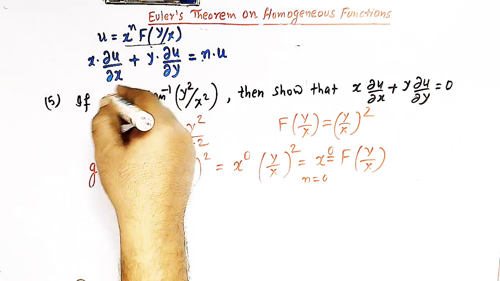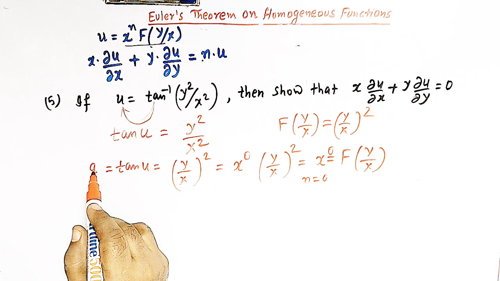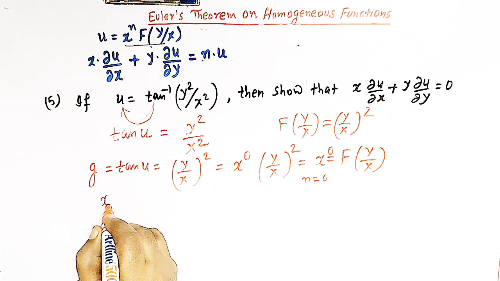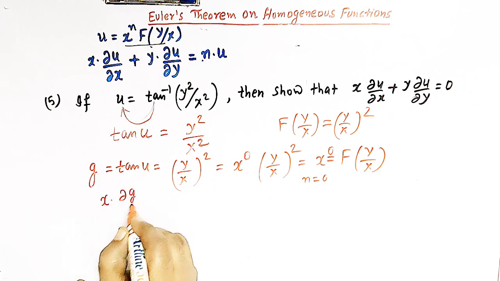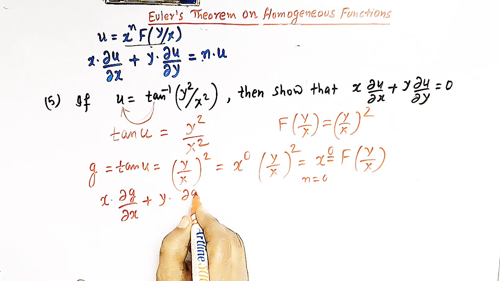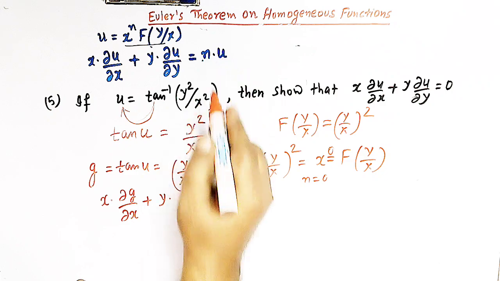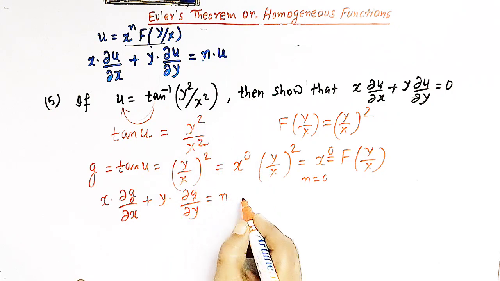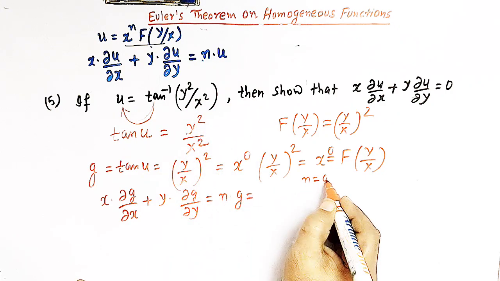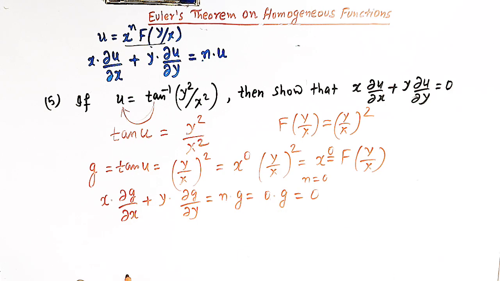So from Euler's theorem, we can directly write for this function g as x times del g over del x plus y times del g over del y is equal to n times g, right? N times g, and n is 0, so we have 0 times g, that is equal to 0.